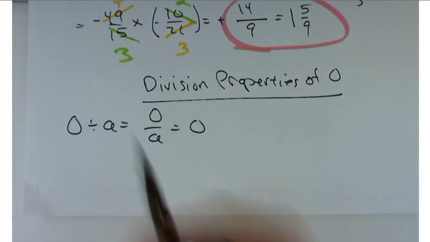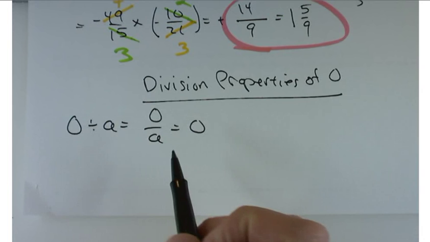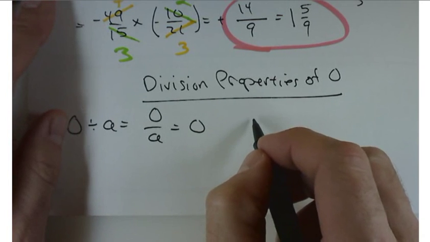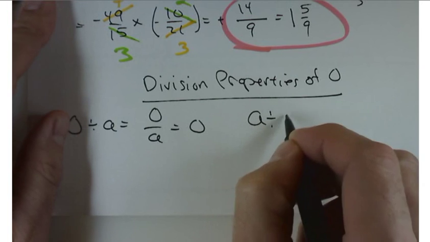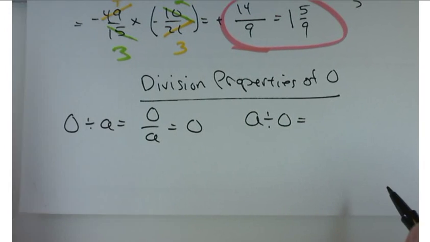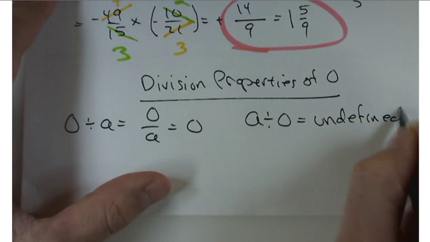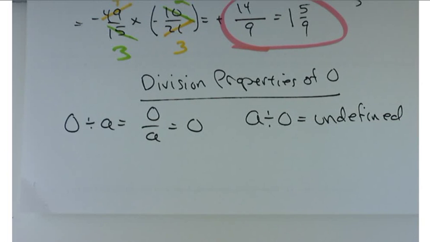And I'm assuming that this number, a, whatever it is, is not 0 itself. The other way around, though, a divided by 0, that's a problem. You can't divide by 0. Undefined. Cannot divide by 0.